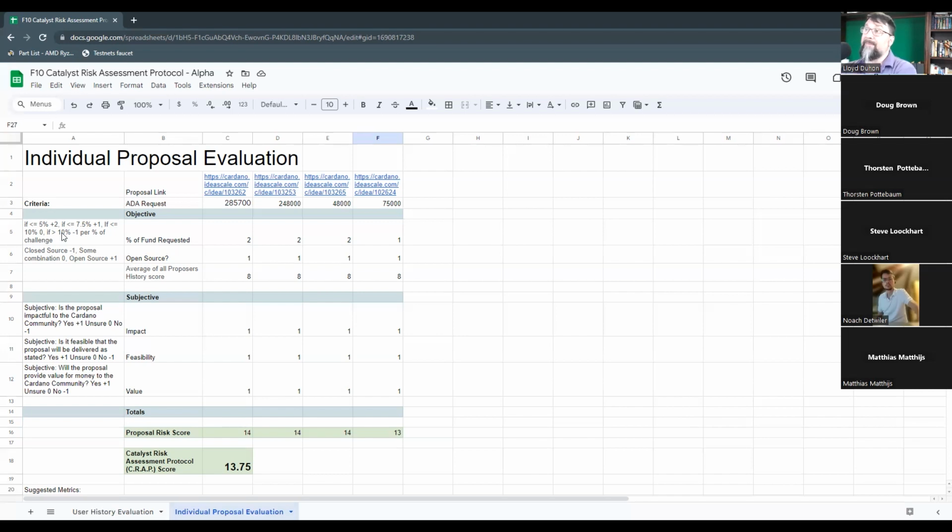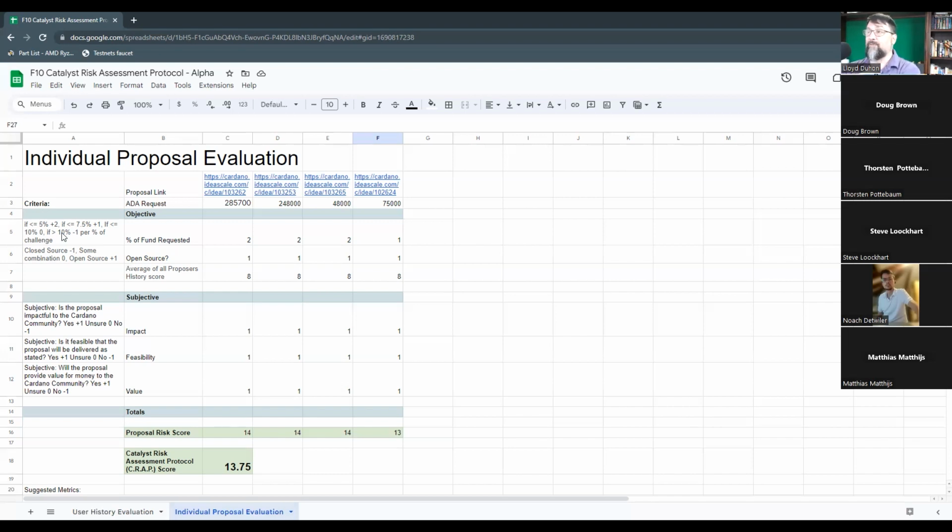It's not a big impact on the whole community, but it's a big impact on that challenge. So we would weight that slightly differently. Other people in that challenge will definitely feel the impact of that proposal, but not so much the whole space if it was especially small. So that's a tough one, but I'll work it out.